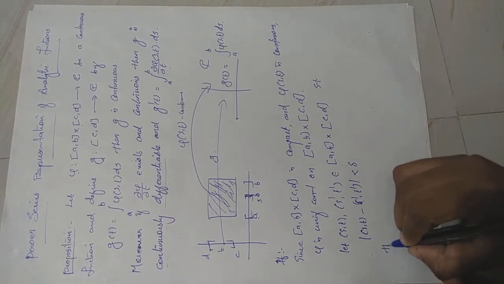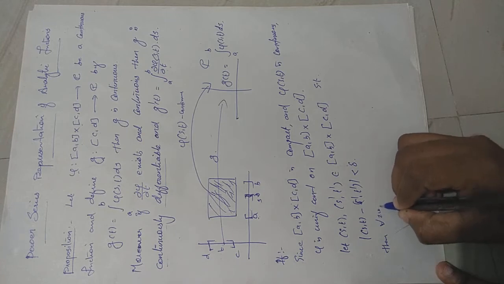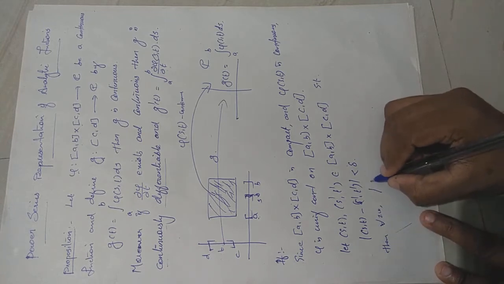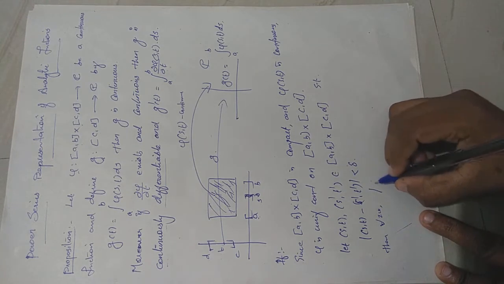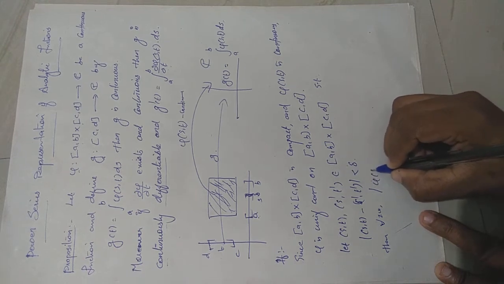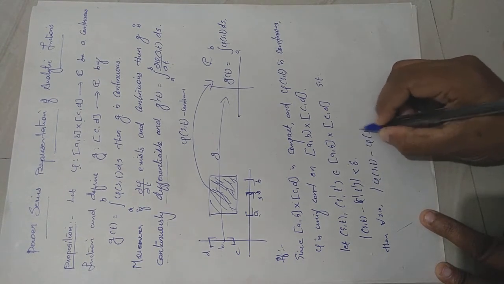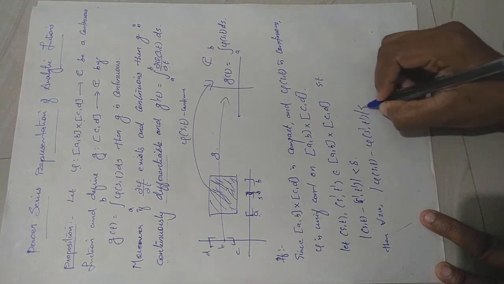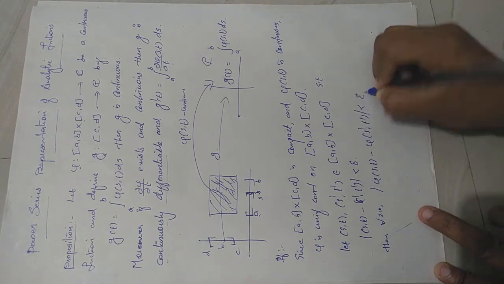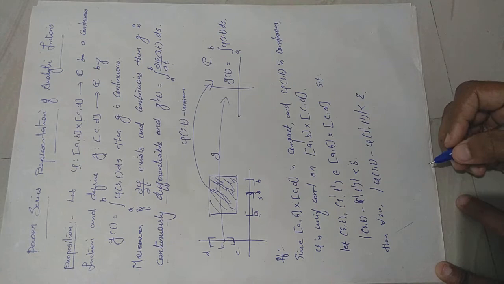Then for every epsilon greater than 0, corresponding to this delta, the modulus of psi(s,t) minus psi(s',t') will be less than epsilon.